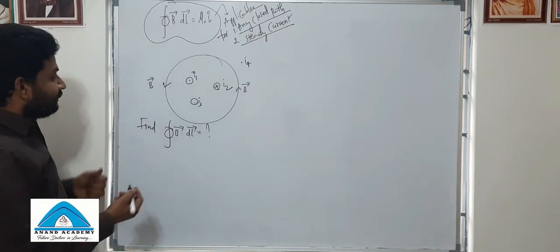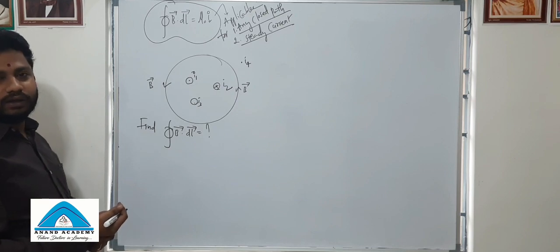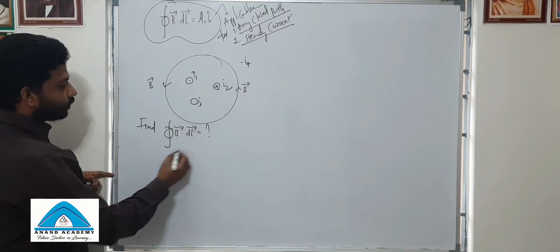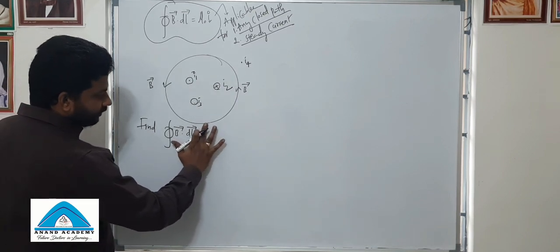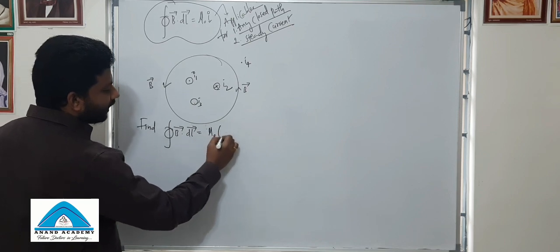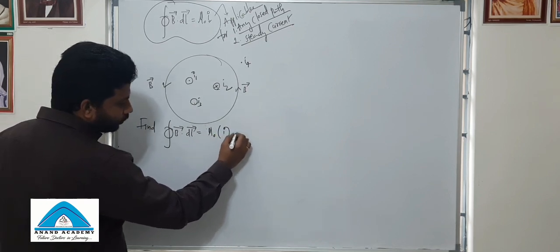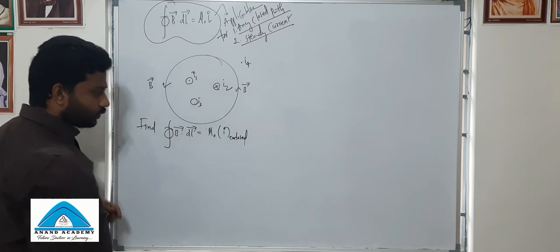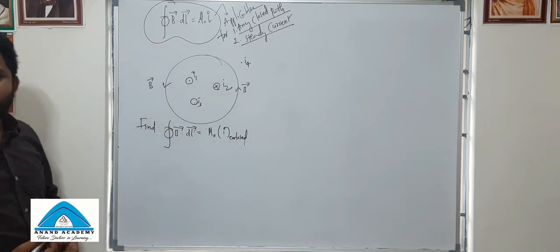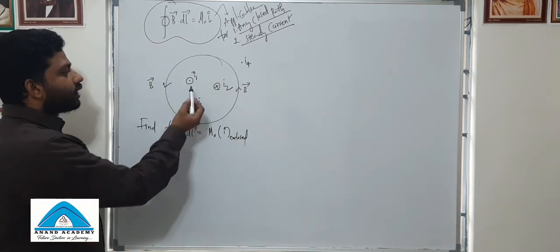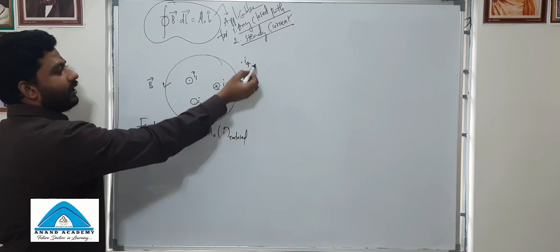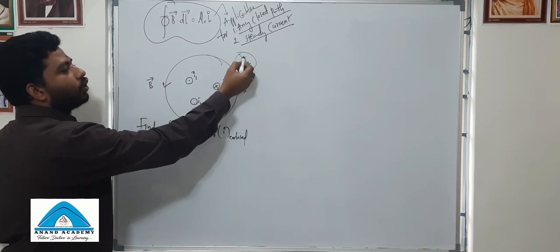Okay, let's start. So the closed integral of b bar dot dl bar is equal to mu naught times the currents enclosed. So what are the currents enclosed here? Currents enclosed are I1, I2, I3. I4 is not enclosed by the path.